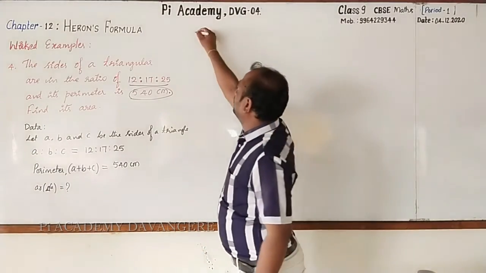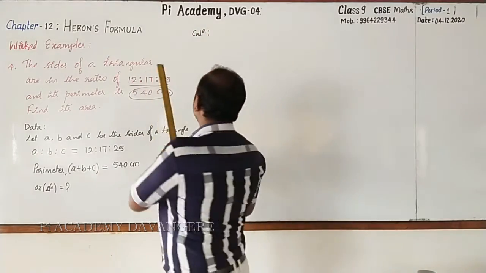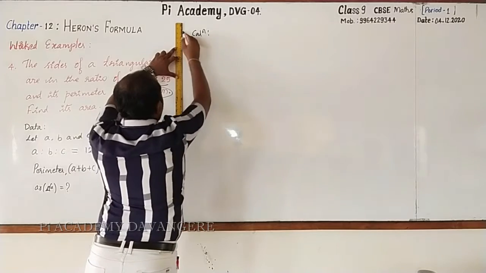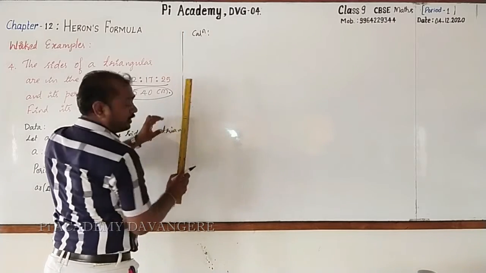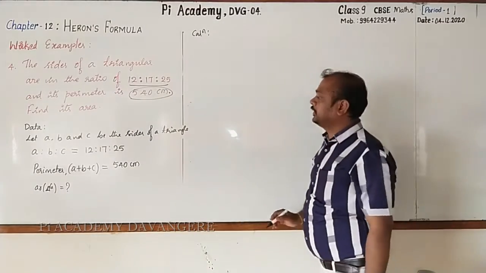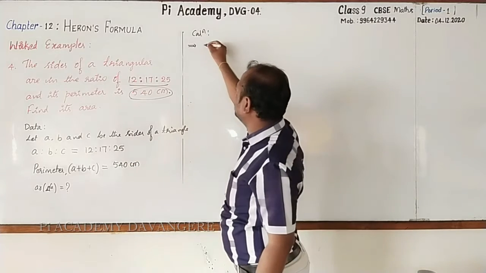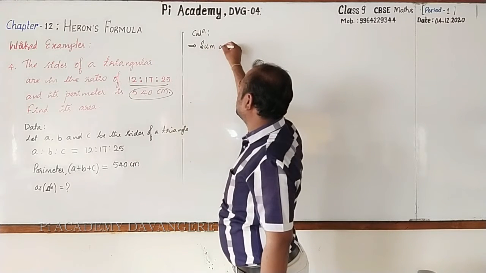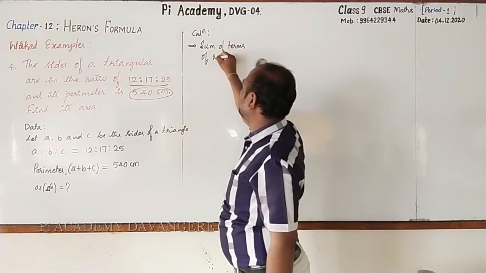Here, we all know what are all the steps to be followed to find out the area of the triangle. First we have to find out all the sides of the triangle. How do you go for finding? Very good. First, by finding the sum of terms of ratio. Here I'll write sum of terms of ratio.